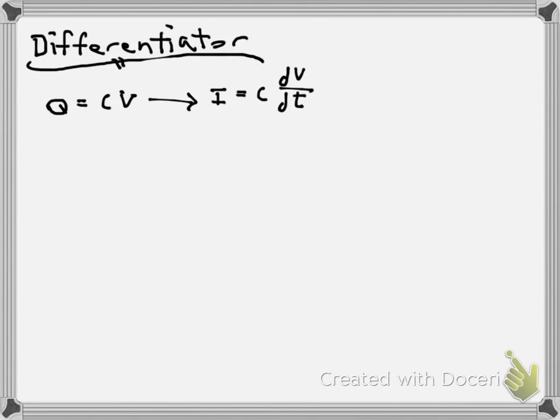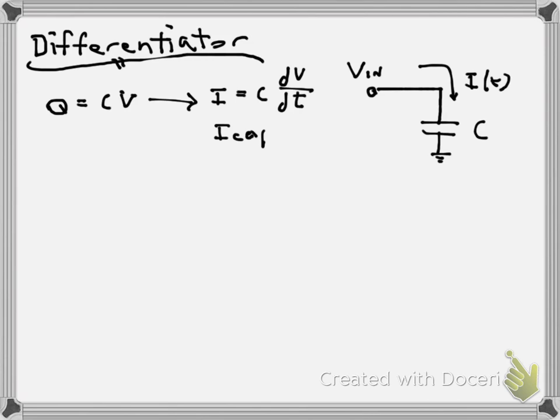Okay, we're going to then draw a specific example of this. So here's our circuit. We have a V in, and that creates a current, which charges up a capacitor. And so just to be specific to this particular case, we write that the current through the capacitor is equal to the capacitance times the rate of change of the voltage into it with respect to time.